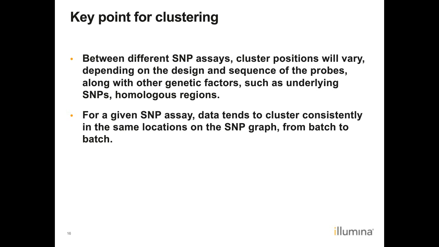On the other hand, for any given single SNP assay, the data clusters tend to be consistently in the same locations on the SNP graph from batch to batch. So if you ran another batch of samples and looked at the same SNP assay, the cluster positions would tend to repeat and be in the same places, which is a key feature for these SNPs.